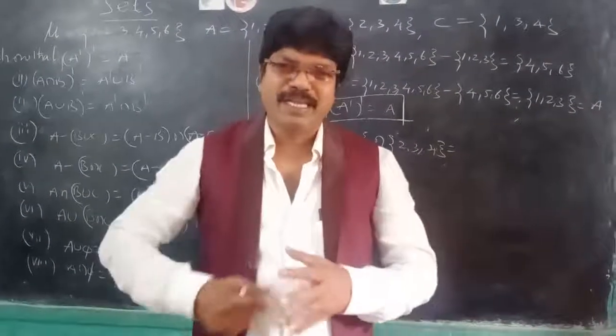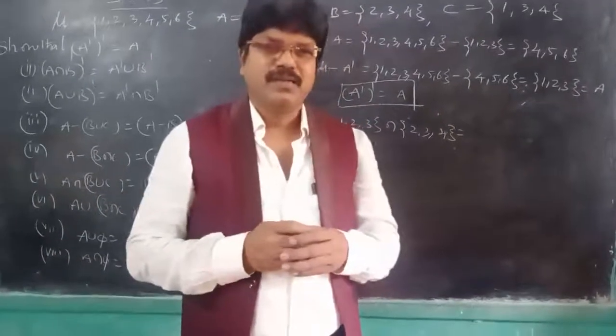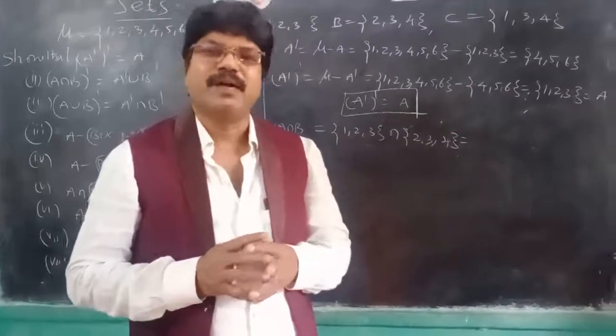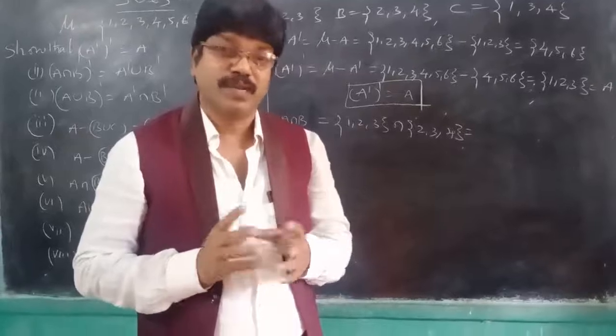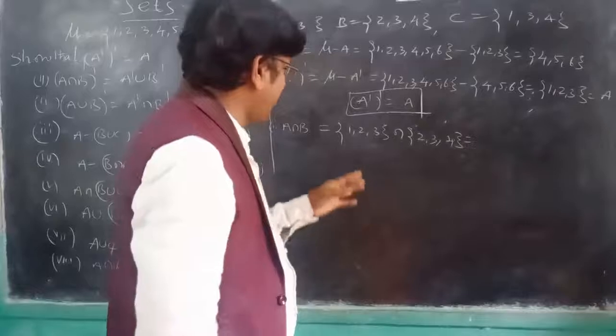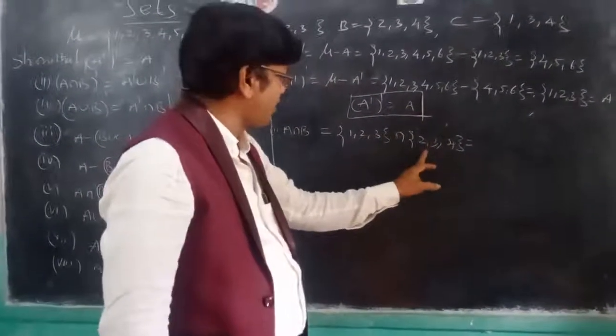Take your family and your uncle's family: the common persons, the grandparents, belong to your family and your uncle's family also. In the same way, the intersection belongs to this set and this set also.